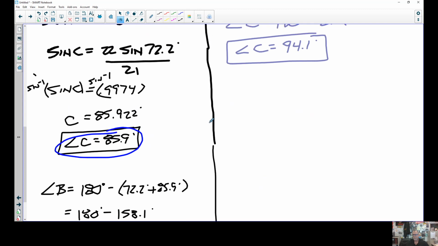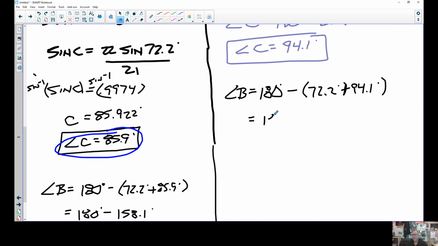I have my angle A and my angle C for the second triangle too. So I can say angle B is equal to 180 degrees minus 72.2 degrees plus 94.1 degrees.